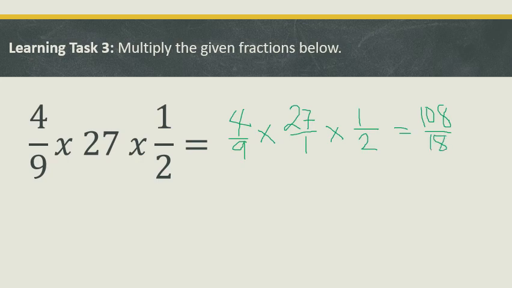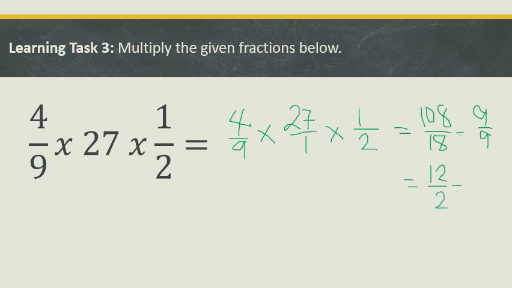Okay, ano po ang common sa dalawa? Ano mga pwede natin i-divide dyan? Pwede natin siyang i-divide sa 9. Kapag i-divide natin siya sa 9, ano magiging answer? 108 divided by 9 is 12. And then, yung 18 divided by 9 is 2. Ayan, meron pa tayong pwedeng i-divide dyan.